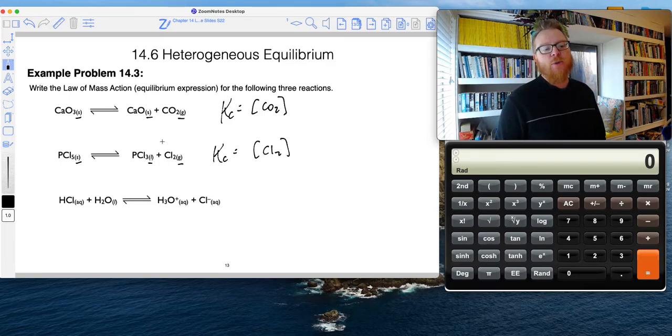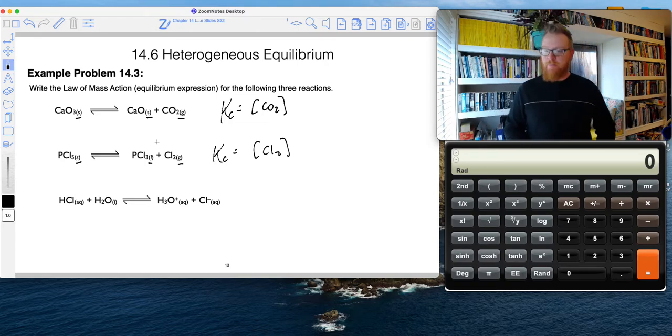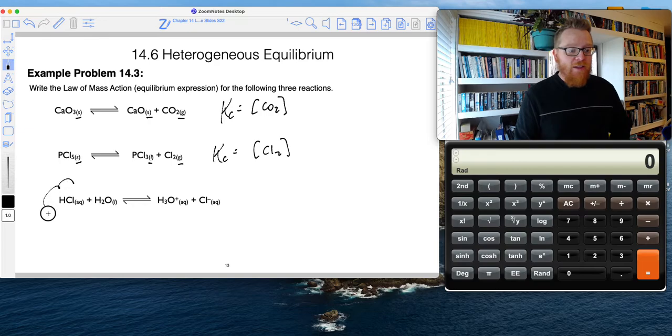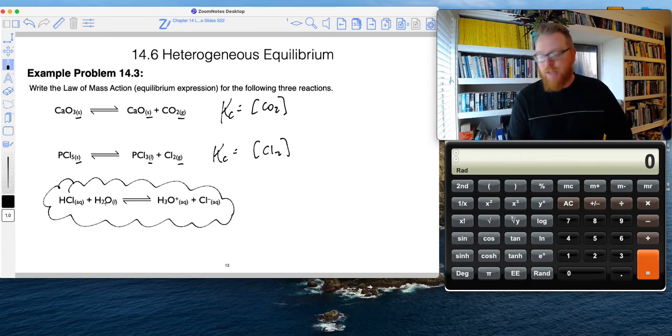These first two examples are kind of weird, and we won't encounter stuff like that very much, but we will encounter this kind of situation a lot. We've got aqueous HCl plus H2O liquid to make H3O plus aqueous plus Cl minus aqueous. We need to include all of those aqueous species in the equilibrium expression.